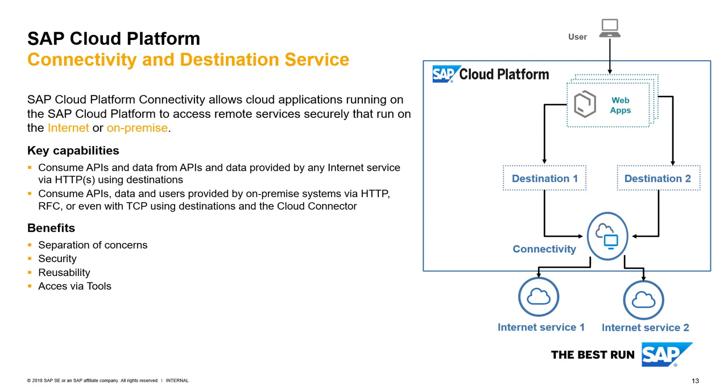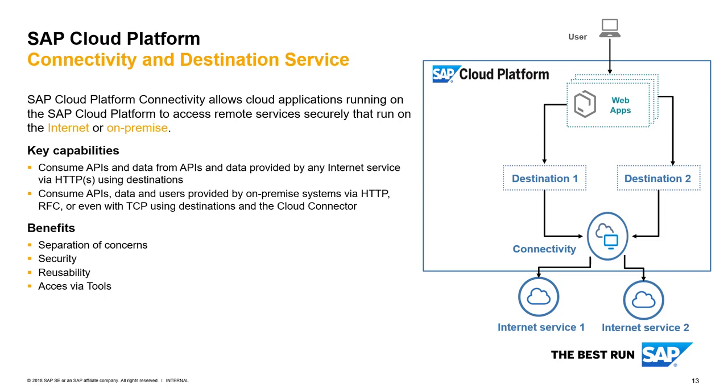The SAP Cloud Platform connectivity service provides two services, the connectivity service and the destination service. The connectivity service contains a connectivity proxy, which is used to access on-premise resources.